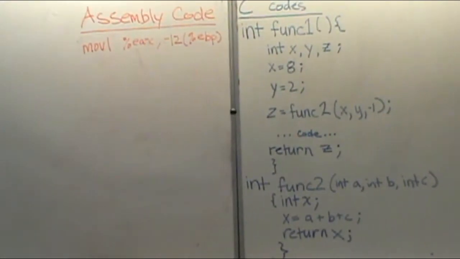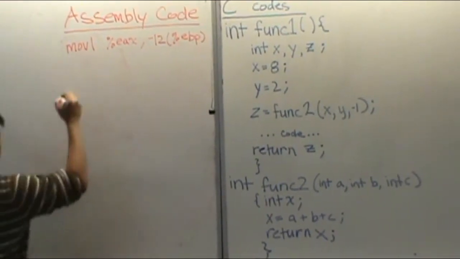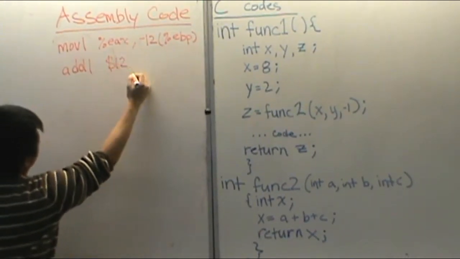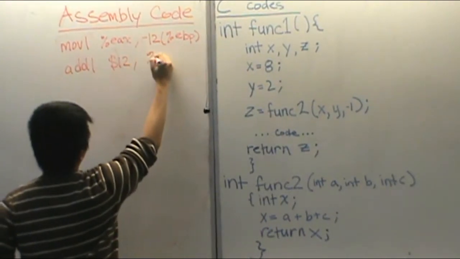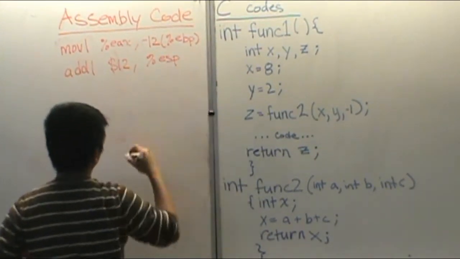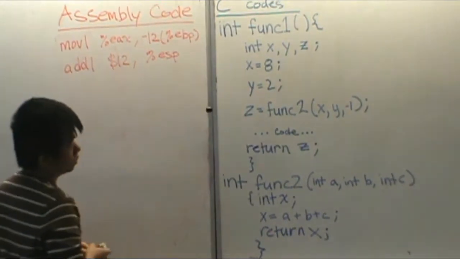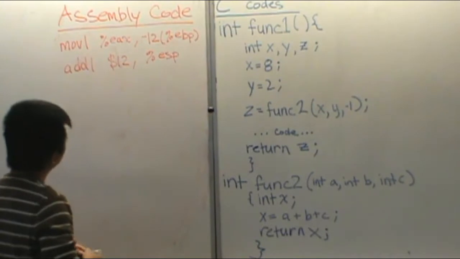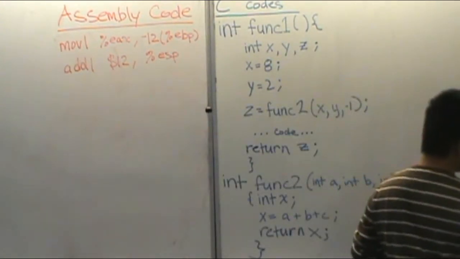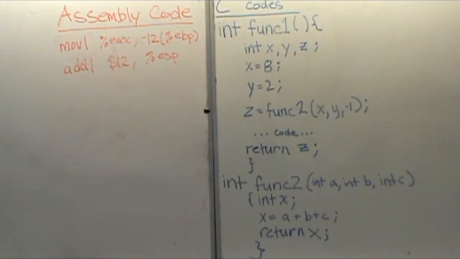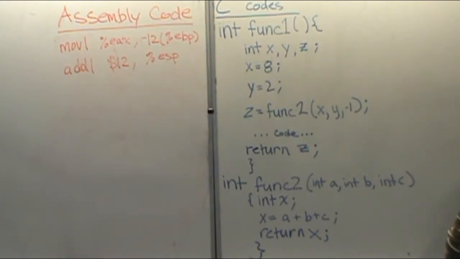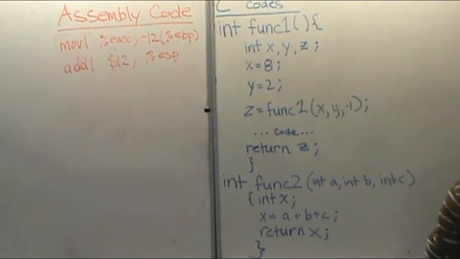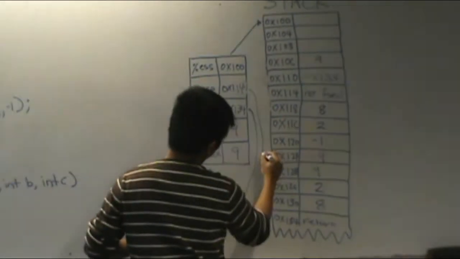Then the next step is to add 12 to %ESP, which will move ESP down to here.